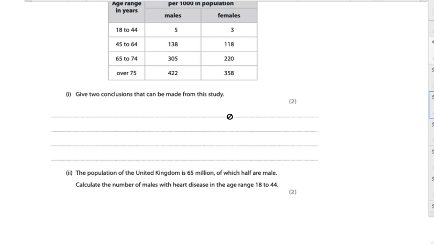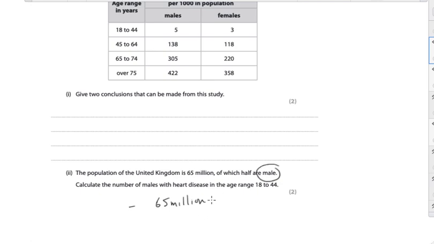So the first thing to do is note, this is the total population, 65 million, but we're only interested in the men.